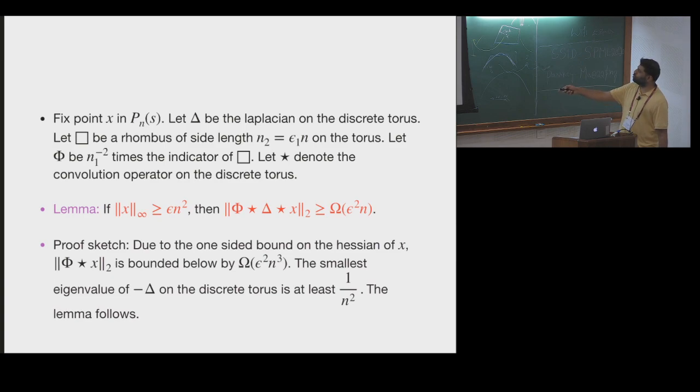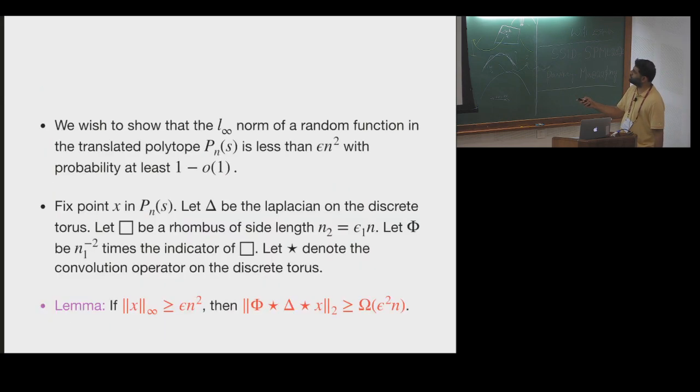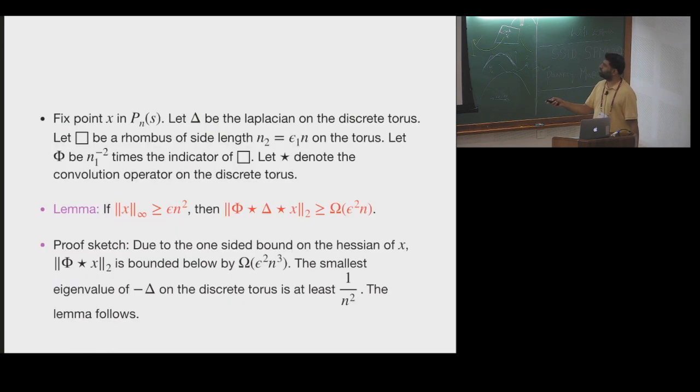So you lose that additional 1 by n squared. In the end, you see that this has to be at least epsilon squared n. So this 1 by n squared gets multiplied by n cubed, and you get epsilon squared n.